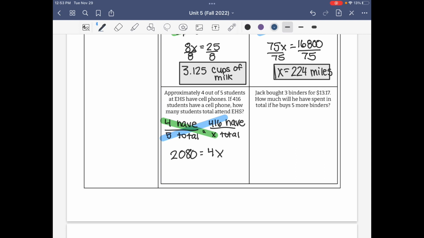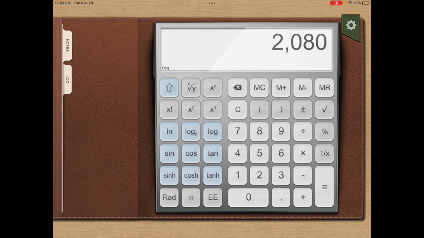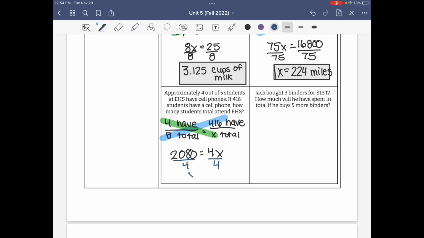Then, to get x by itself, I divide by 4 on both sides. Is 520. So x is going to equal 520. What were we looking for? How many students total attend EHS? So 520 students.